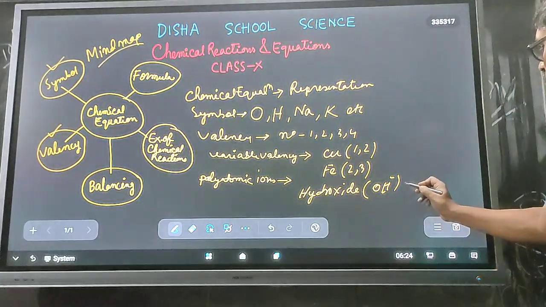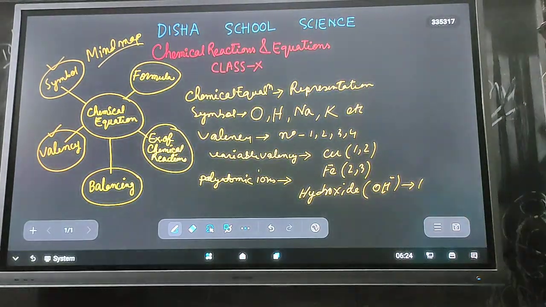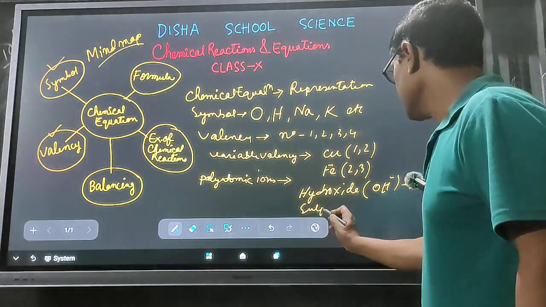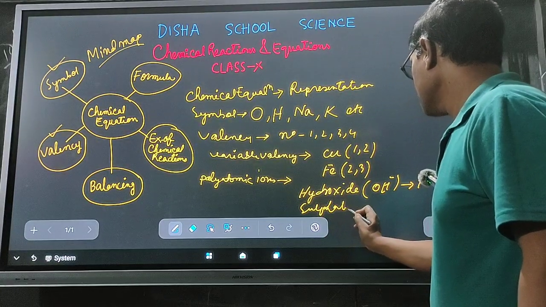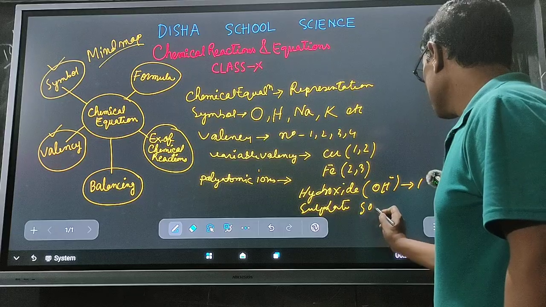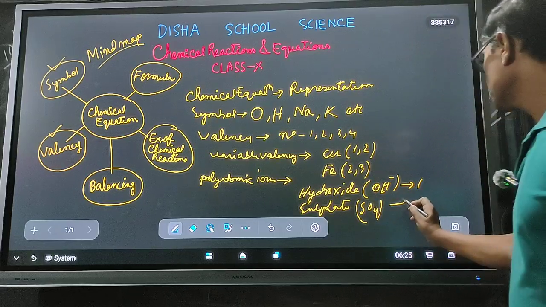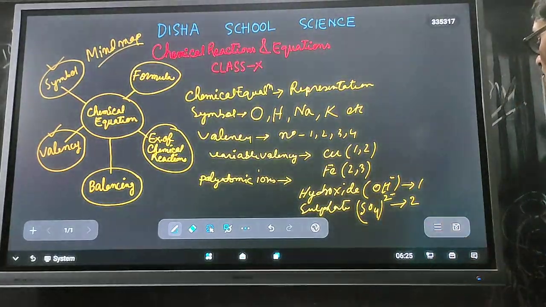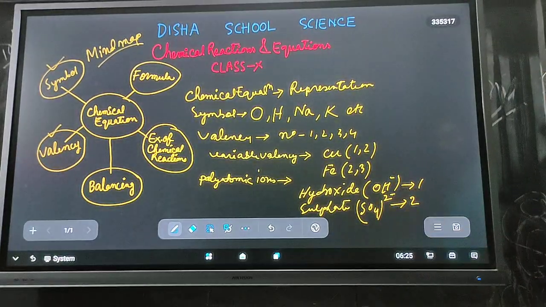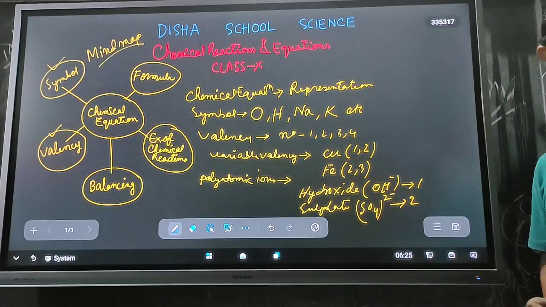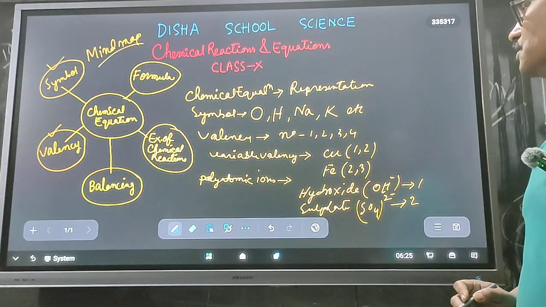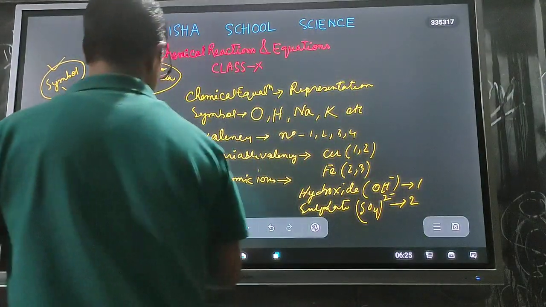So hydroxide valency 1. Sulfate, SO4, valency 2 minus. So like this, some of these polyatomic ions valency you should know. Then it will help you to understand this chemical equation.